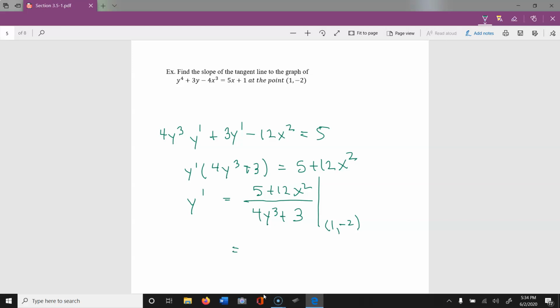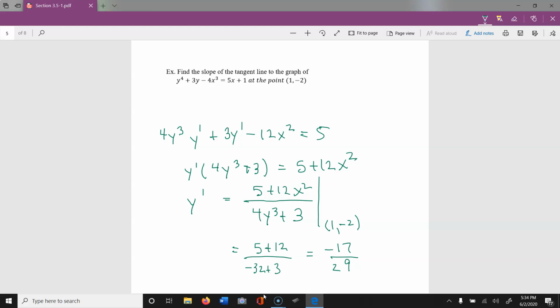And so then if I do that, I'm going to get 5 plus 12, plug the 1 in for x. And then if I plug a negative 2 in for y, I'm going to get what? Negative 32 plus 3. And so that'll give me negative 17 over 29.